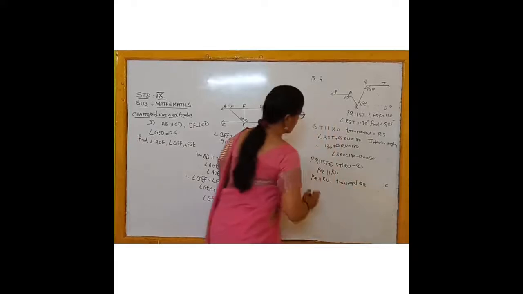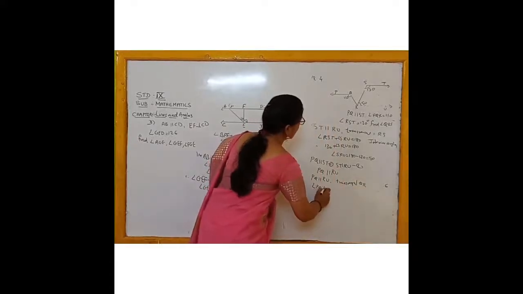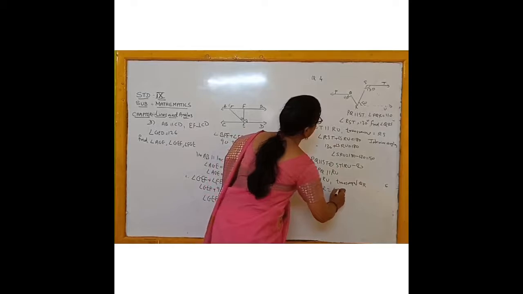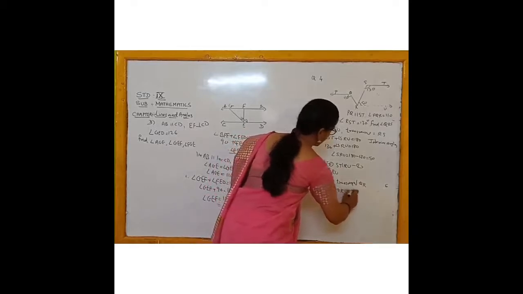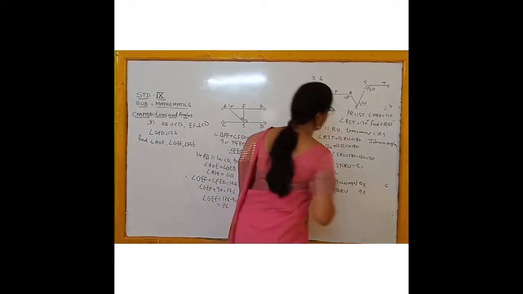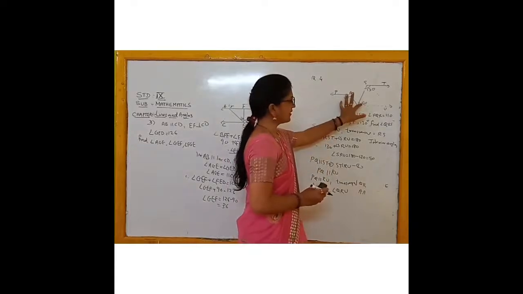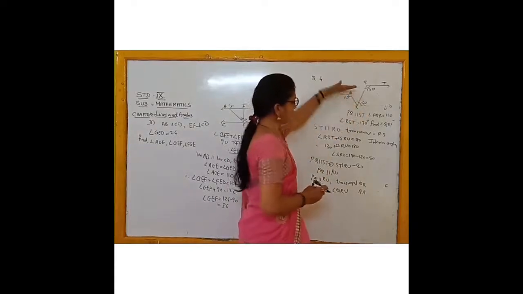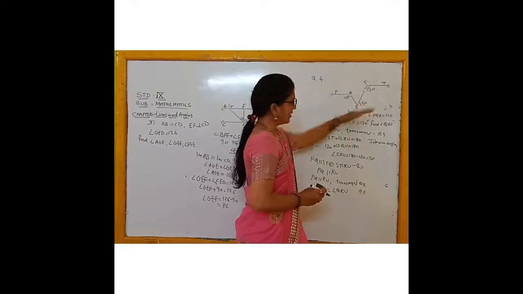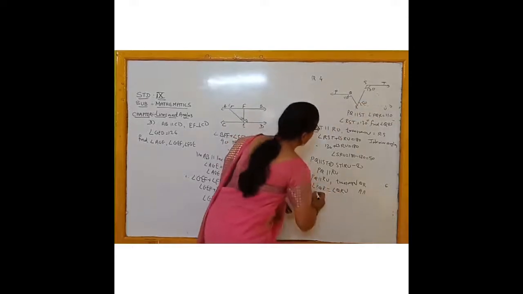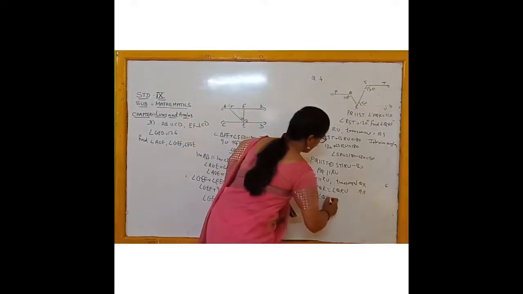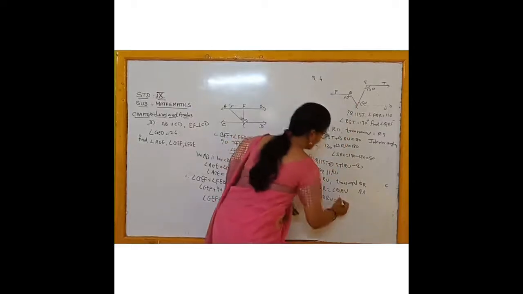So angle PQR is equal to angle QRU. Why? Because these are the alternate angles formed by transversal QR to parallel lines PQ and RU. Therefore, angle QRU is equal to 110.